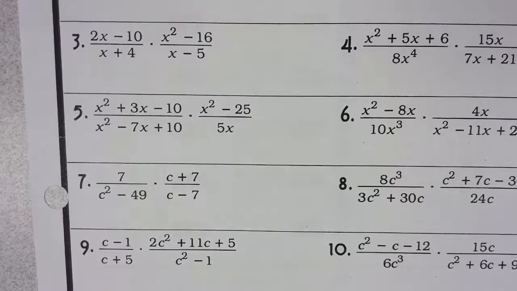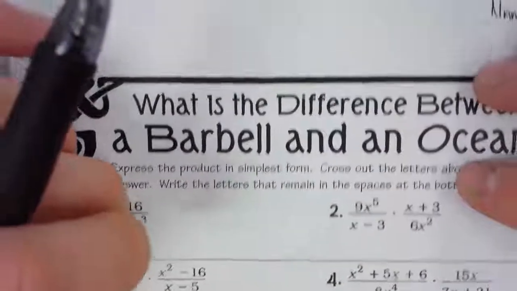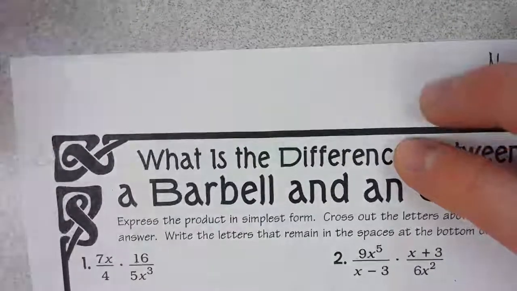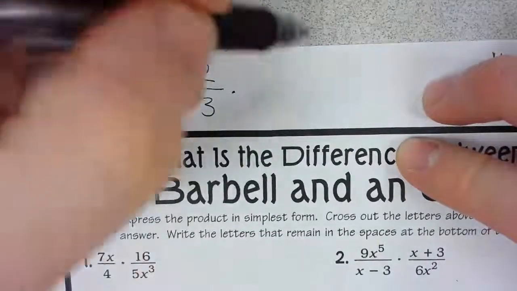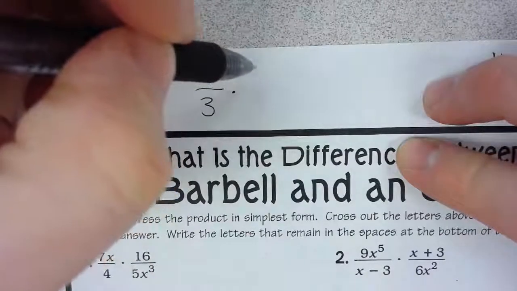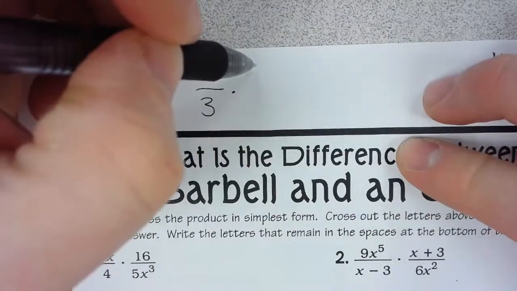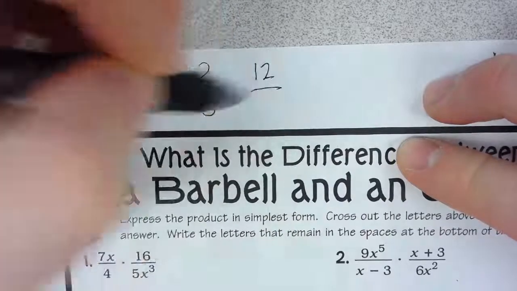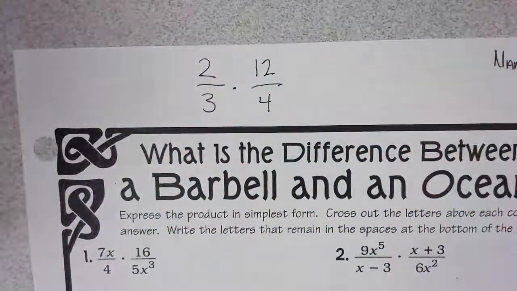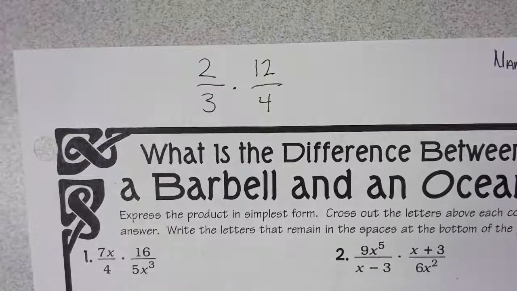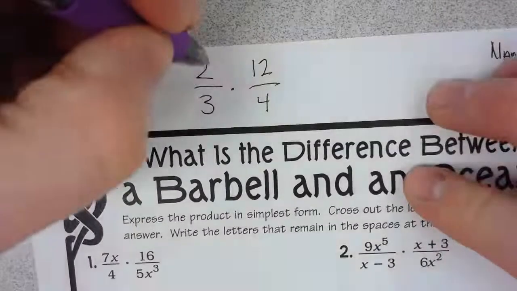Now, we want to take us back even if we were thinking about a problem like this. If I just had 2/3 times, just making up another fraction, we'll say it's 12 over 4, right? A lot of different ways to multiply this, but I want to encourage us to think about, oh, you know what?